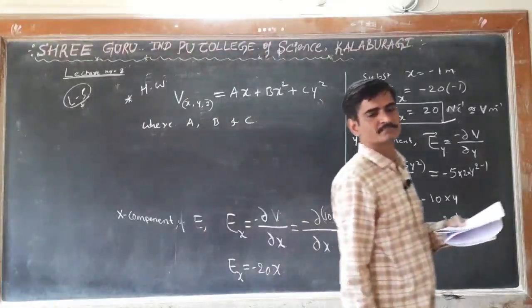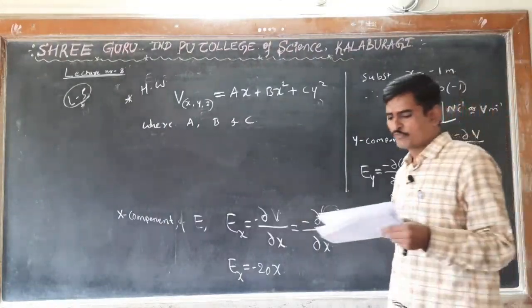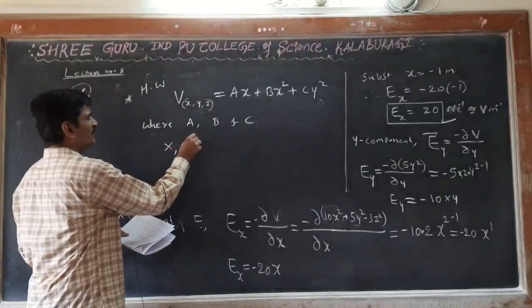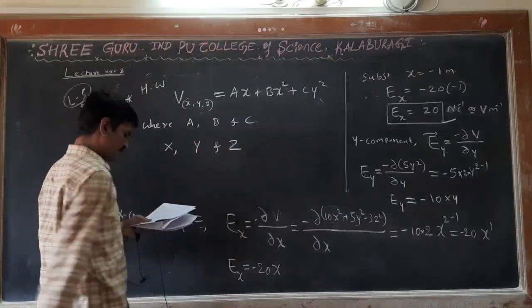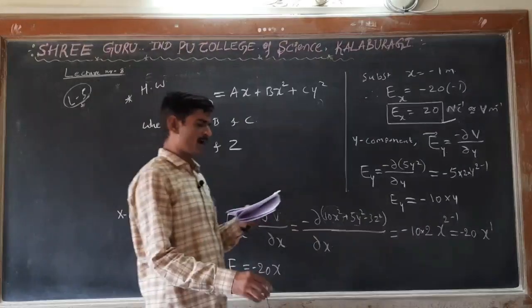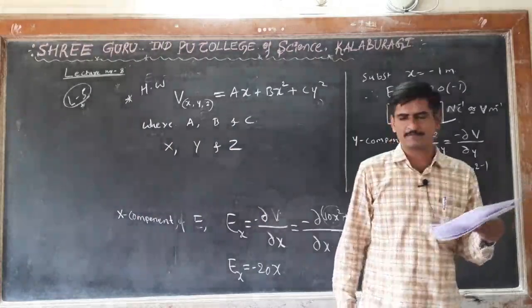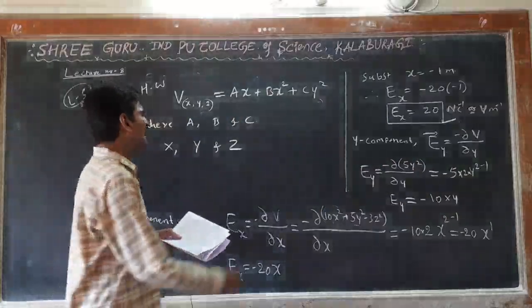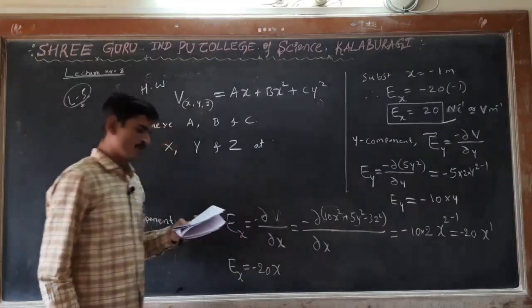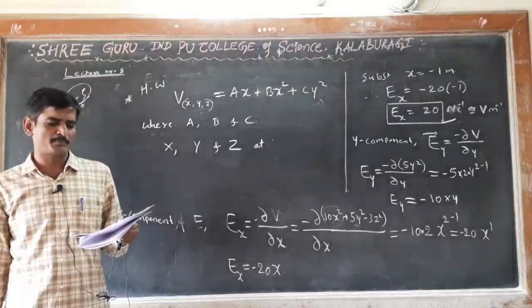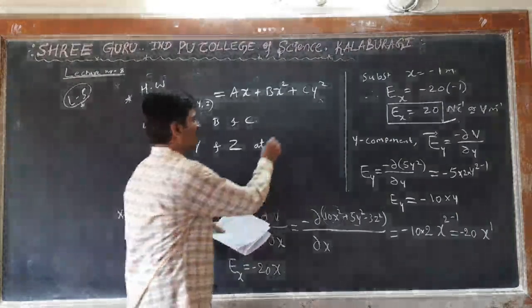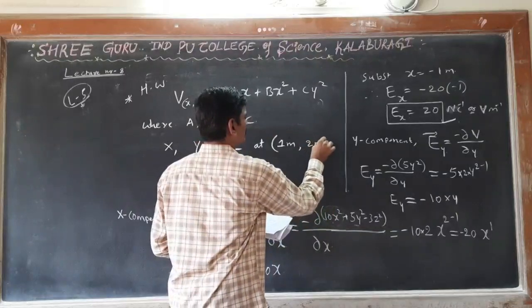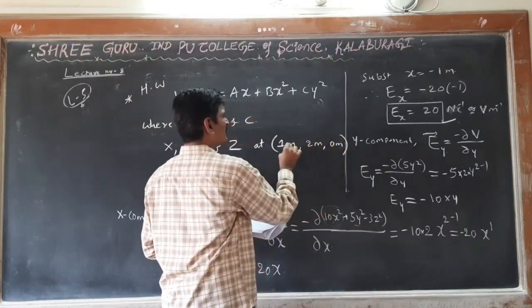Find the x, y and z components of the electric field at 1 meter, 2 meter, 0 meter.